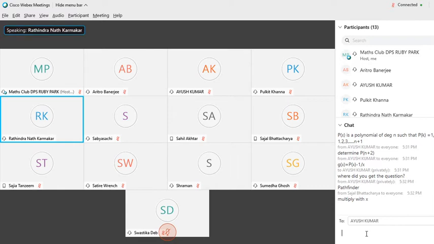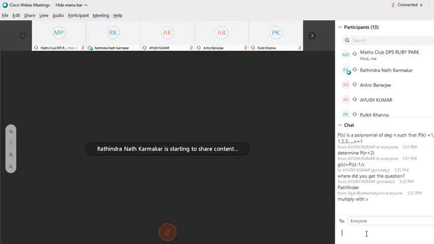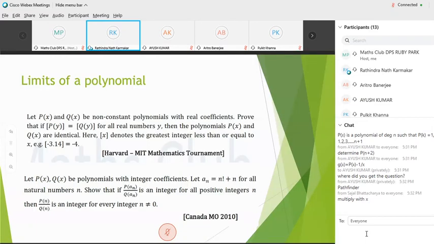What were we discussing? So, seeing the screen, I hope all of you have got the definition of greatest integer function. P(x) and Q(x) are two non-constant polynomials with real coefficients such that box of P(y) equals box of Q(y) for all real numbers y.